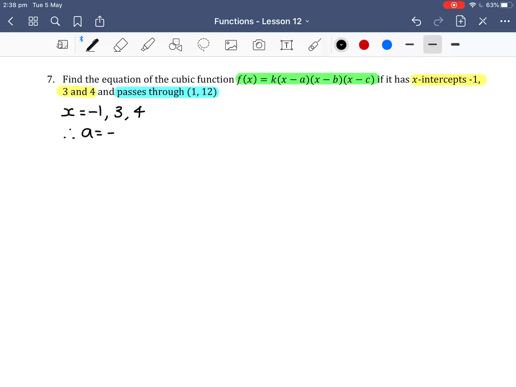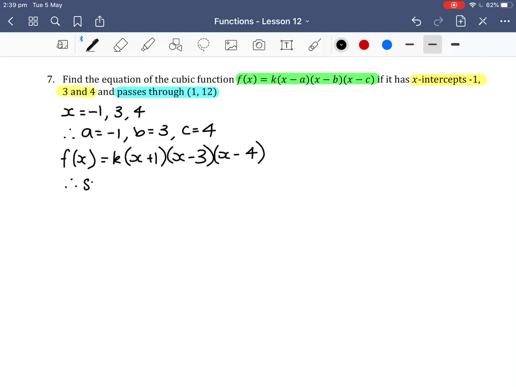So therefore, we're going to say that a equals -1, b equals 3, and c equals 4. So we need to substitute them into our function. So we get f(x) equals k bracket x plus 1 bracket x minus 3 bracket x minus 4.